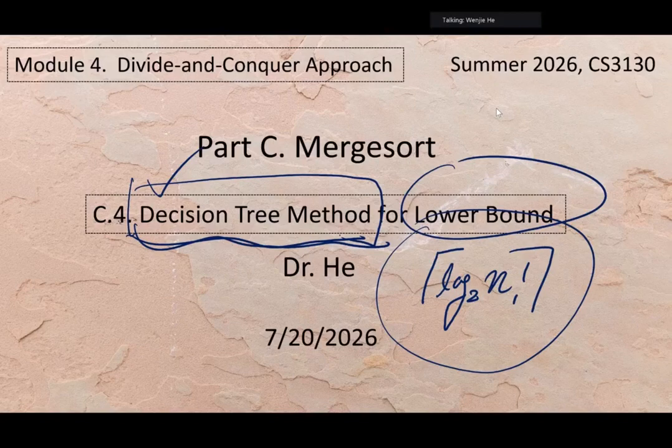All right. So this method is, in analysis, very powerful. The idea is very simple. So let me show you the basic idea. What is the decision tree? Here, the basic theory of the decision tree is very simple.